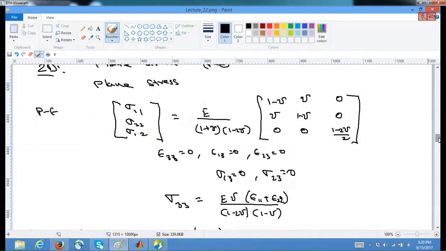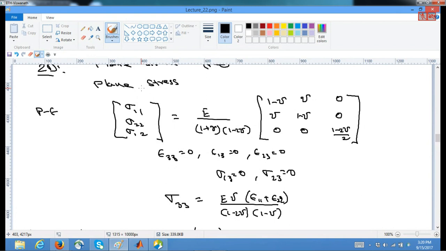Two-dimensional state of stress: there are two different reductions for the 2D from the 3D. When your sections are very thin, that comes under plane stress, and if the sections are very huge and bulkier, like dam sections, then it will come under plane strain condition, provided in both the cases the loading is in the plane of 1 and 2.